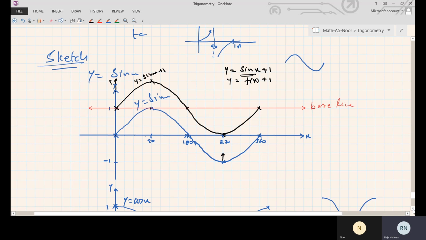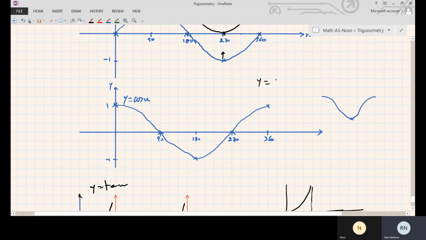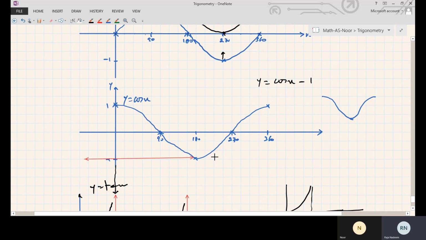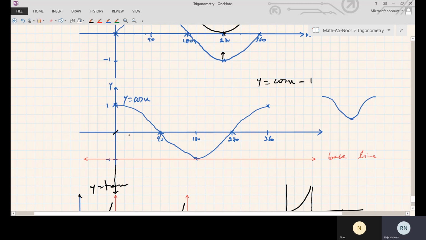The same thing applies to y equals cos of x minus 1. Minus 1 means we shift the graph 1 unit downward, so we draw a baseline which passes through minus 1. Once you draw the baseline, you shift each point 1 unit vertically downward.